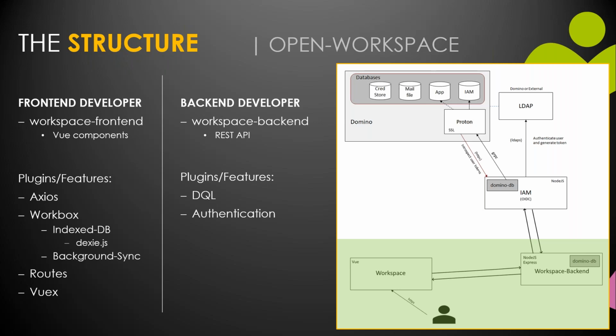And we're using background sync, so this means the user is already getting data from the cache, and we refresh the cache in the background to get the newest data available to the user.